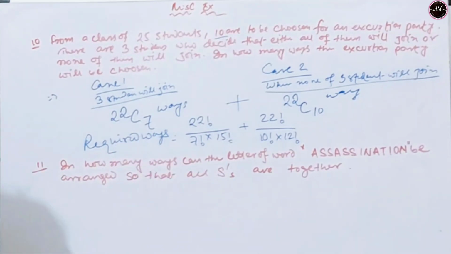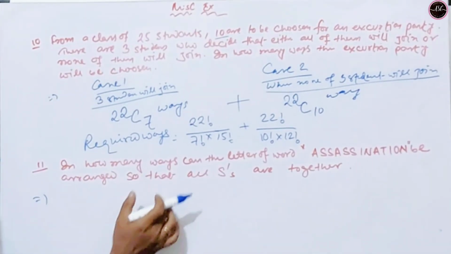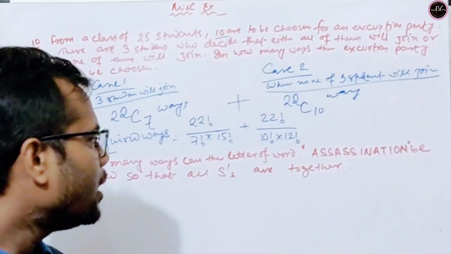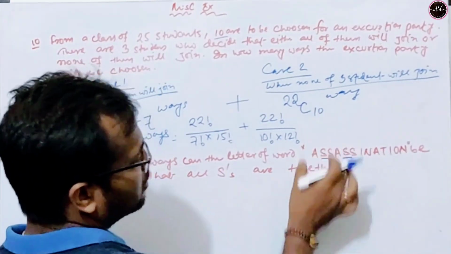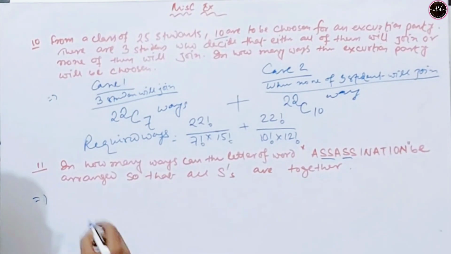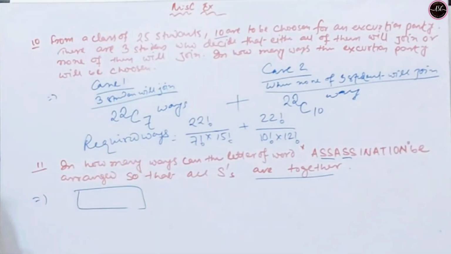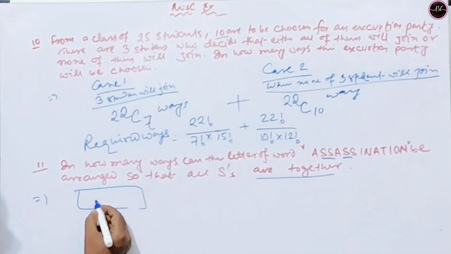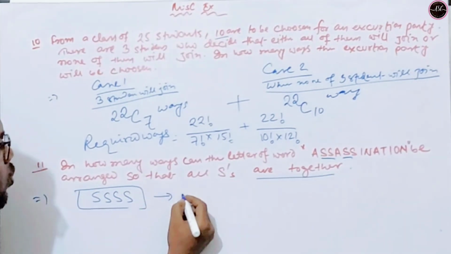Okay. Now for this: in how many ways can the letters of the word ASSOCIATION be arranged so that all S's are together? Here in association, S is repeated 4 times. So as the S's are together, we can take these 4 S's as one letter.